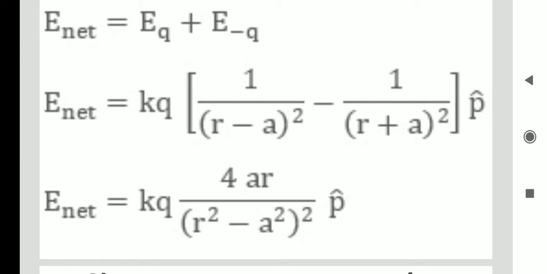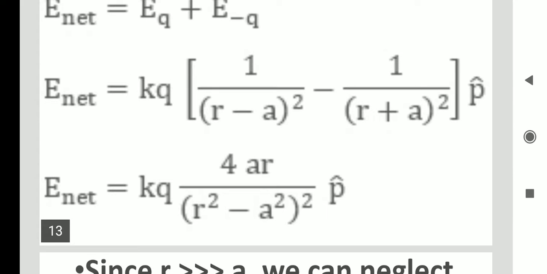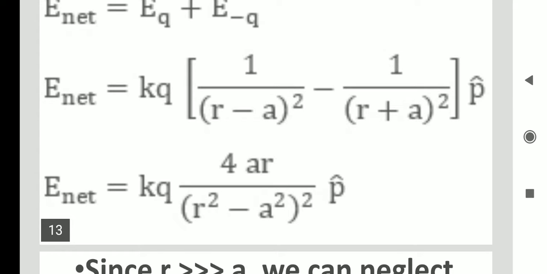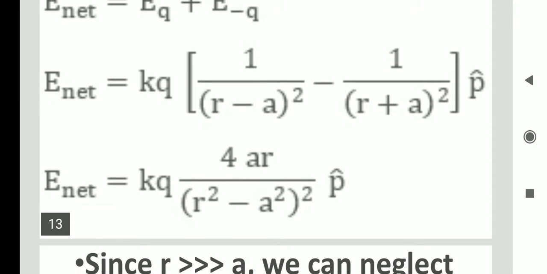Do the calculation with the LCM, and you will get this particular value, where KQ and P cap are common. After simplification, the net electric field is KQ of 4AR by (R square minus A square) whole square into P cap.